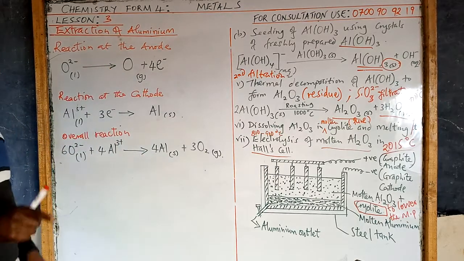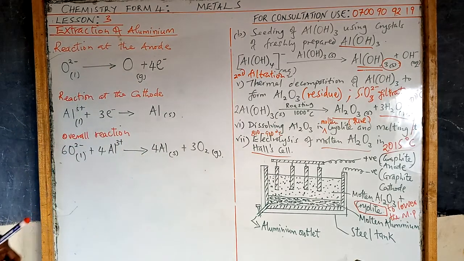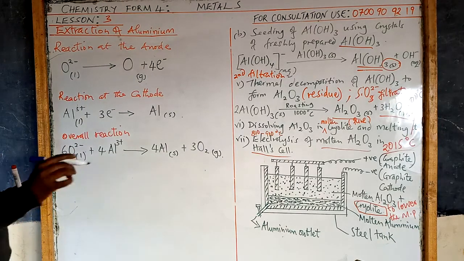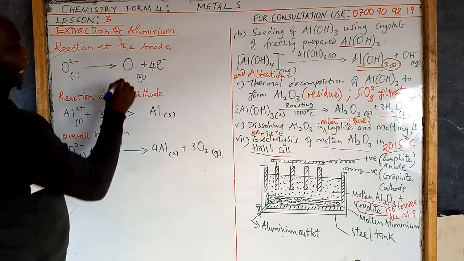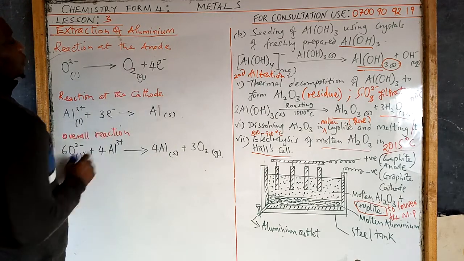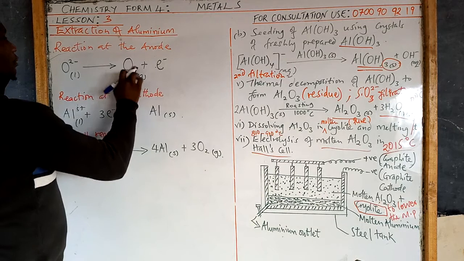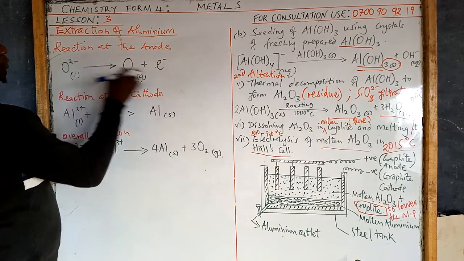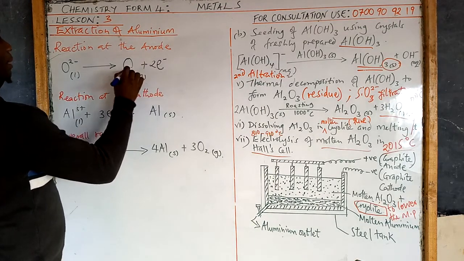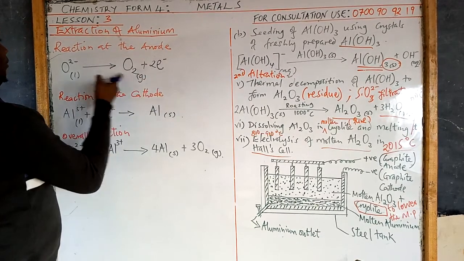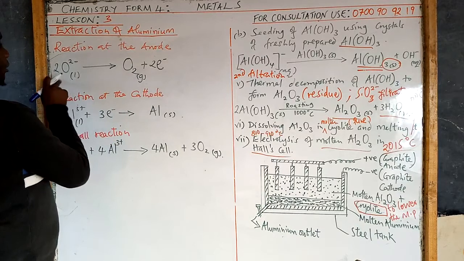But as we know, oxygen does not exist as an atomic substance, but as a molecular substance. So 2 atoms combine to form a molecule. So first you have it like that. So this loses 2 electrons. But then 2 atoms combine to form a molecule. So that means we need 2 ions to combine.